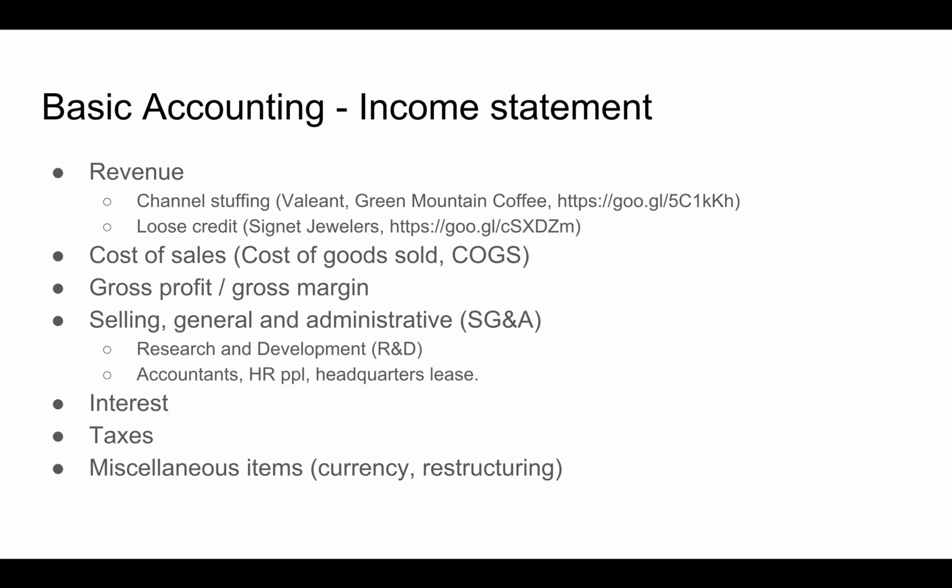So what they do is they target people that can't really afford diamonds, at least not with a single payment. So they basically let them do installment payments on these jewelries.